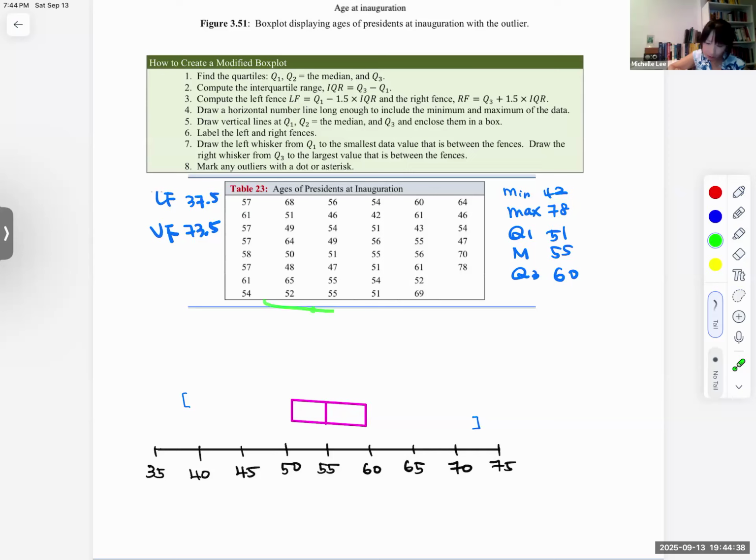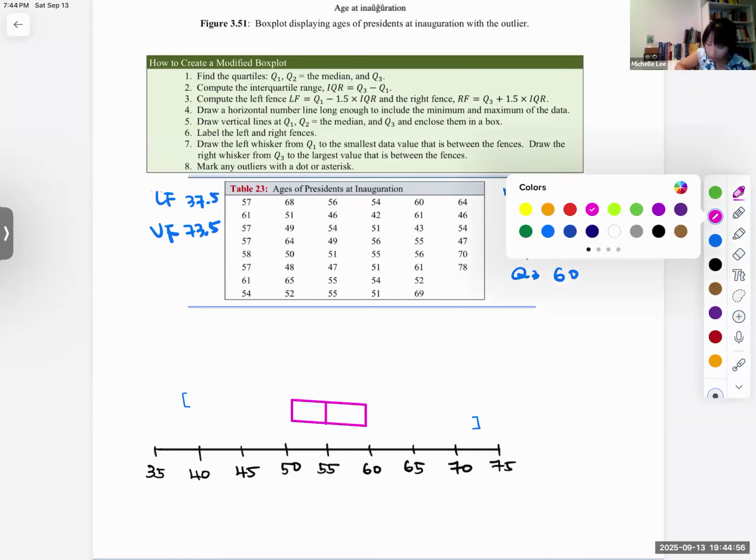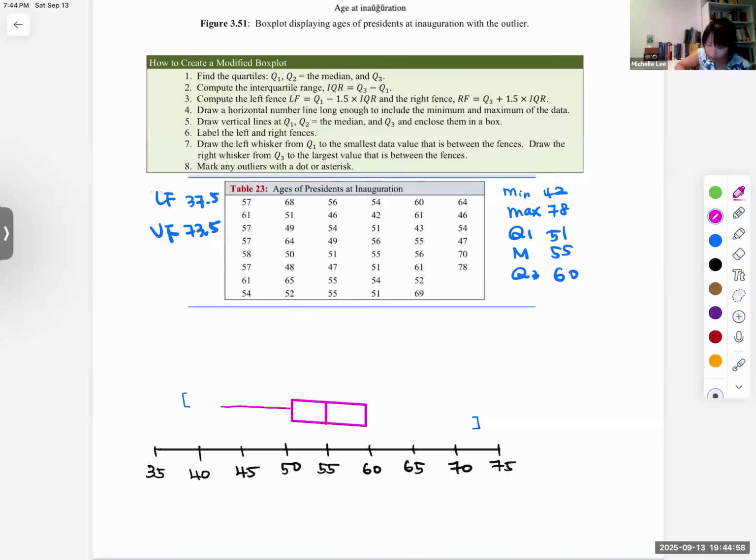Yeah, 42 is bigger than the lower fence, which is the minimum in this case, right? So 42 is over here. So we're going to make a whisker. So 42 is over here, right? Sorry, it's not straight.